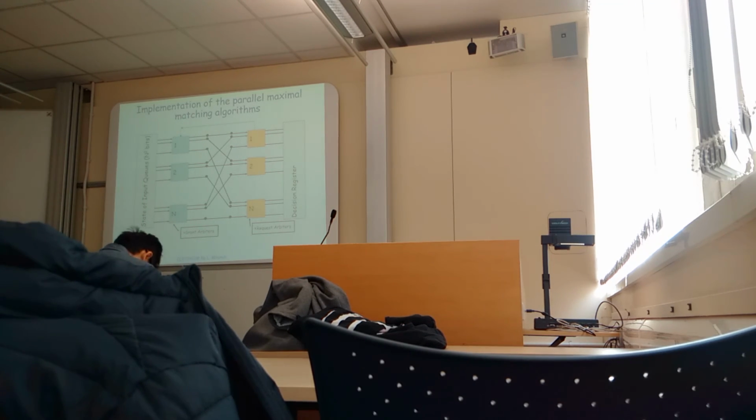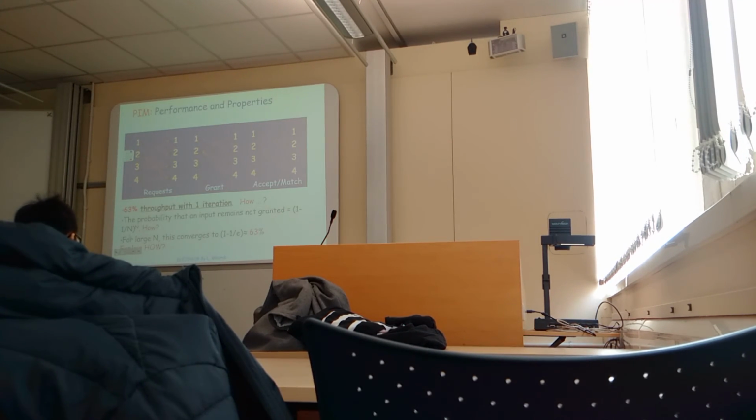Anyway, this figure here talks about the implementation of PIM. This is the input that you get, and that's your output. The input is the state of the input queues, which is this one. In a 4x4, I will get 16 states. Why?